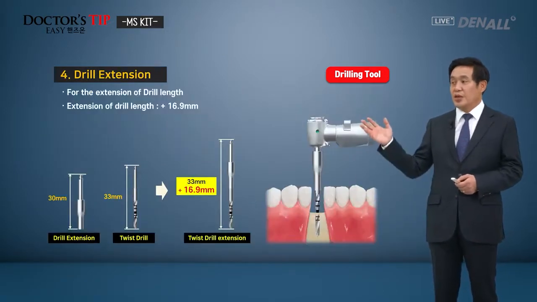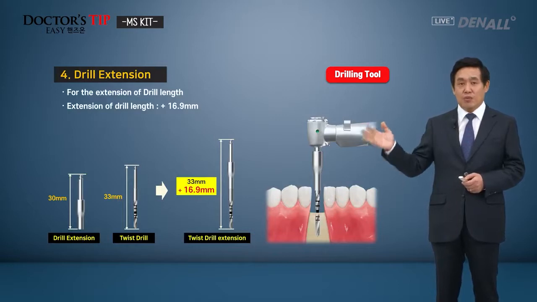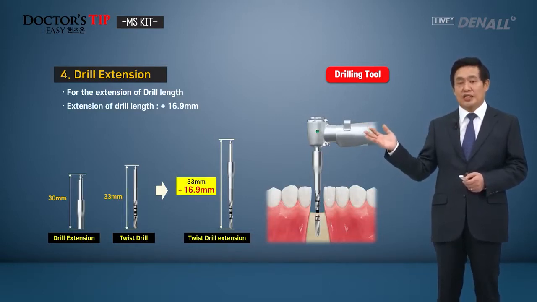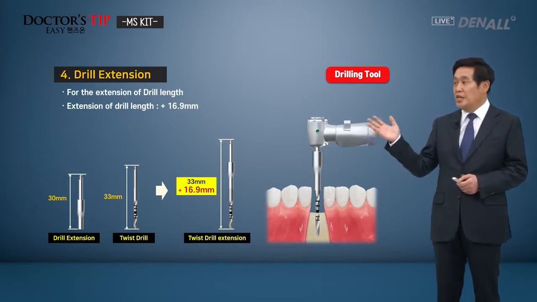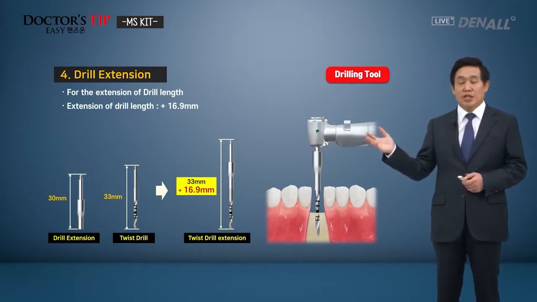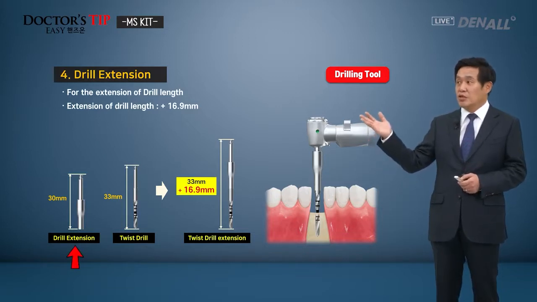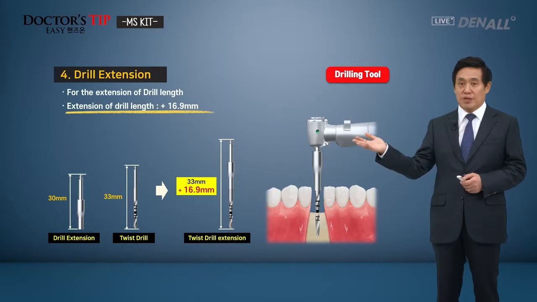Next is the drill extension. We talked about drill length. You have shorter and long versions, but in the case of the mandibular anterior, where it's narrow, adjacent teeth interference could make drilling tricky. So in that case, you could use the drill extension. If you connect this drill extension, you have added 6.9 millimeters of drill length.